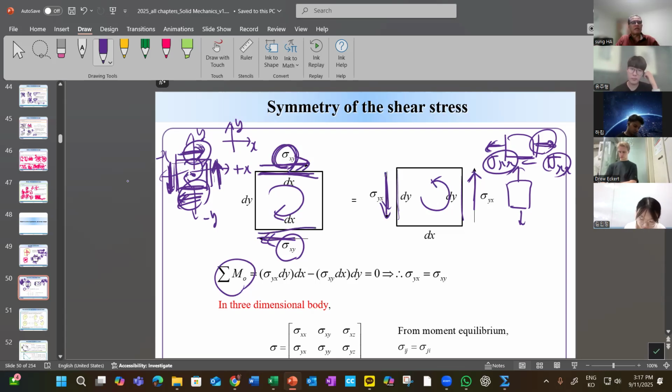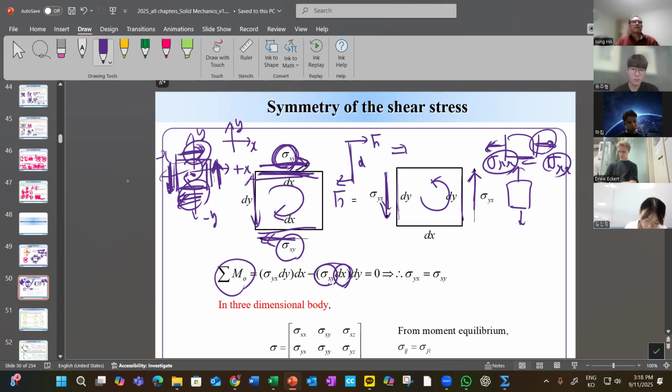That's why the sigma xy, sigma xy multiplied by dx, this times d gives us a force, and then a distance dy. You know, there is the couple. Okay, this is an F and F, and this is a distance d.